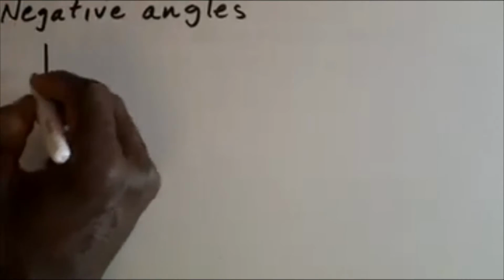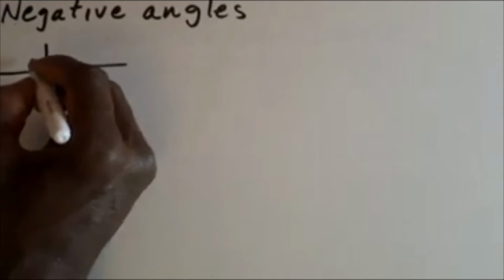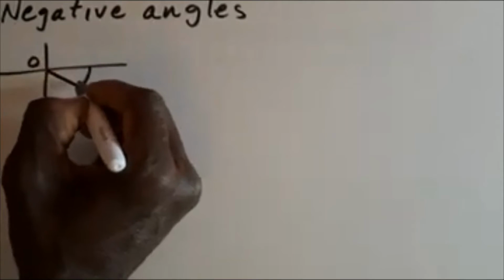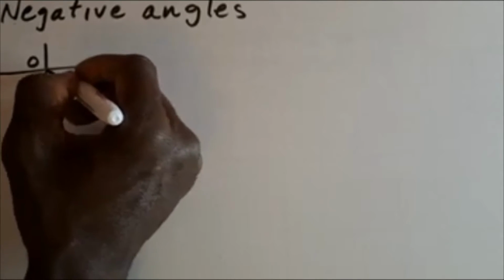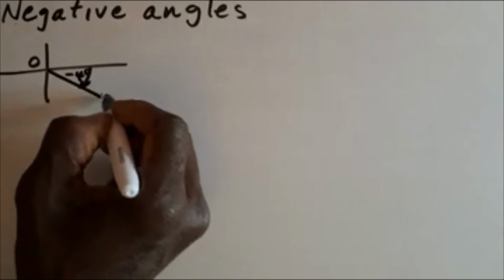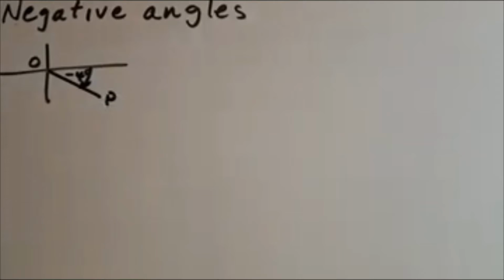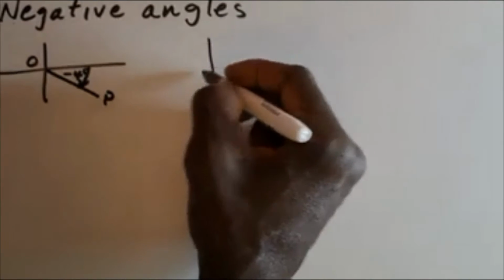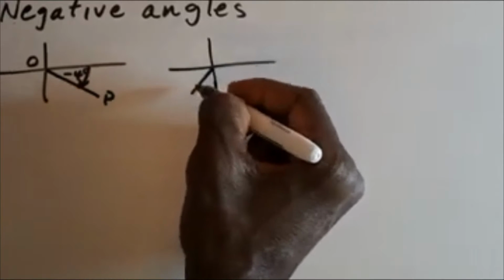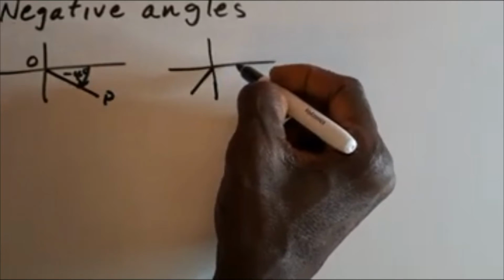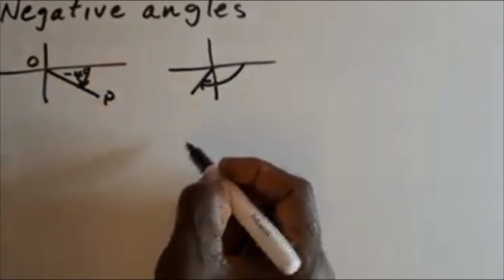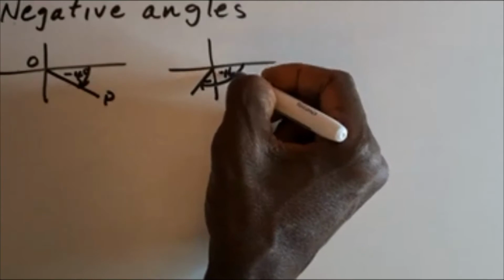So we have the origin here. Let's say we rotated minus 40, and that's our point P. Or we can have it rotating into this quadrant, quadrant 3, let's say at minus 160.